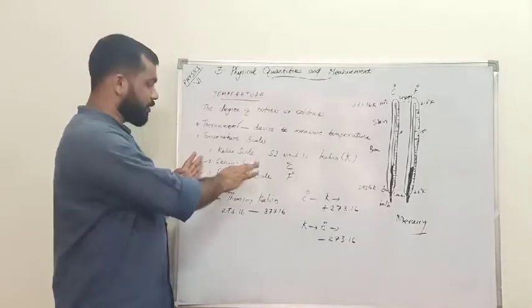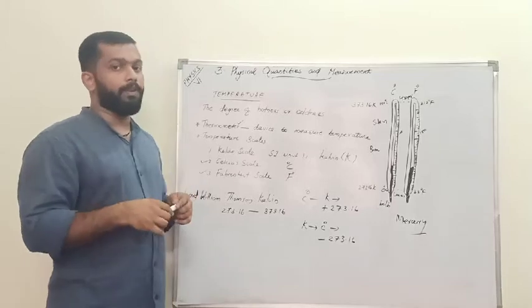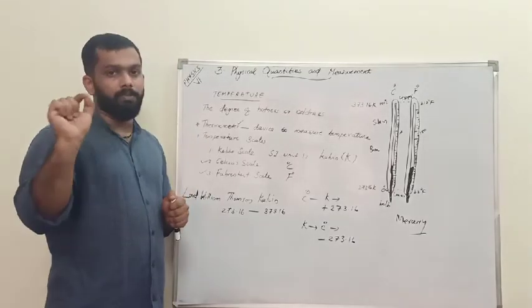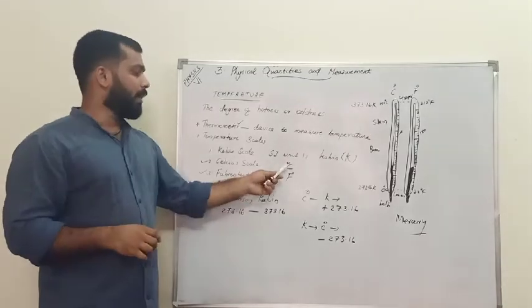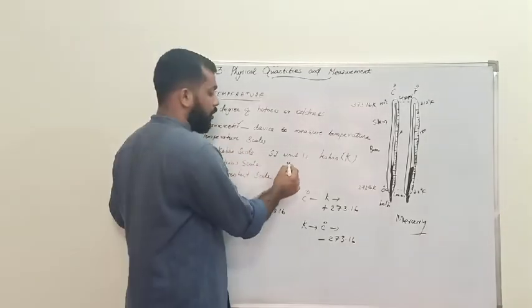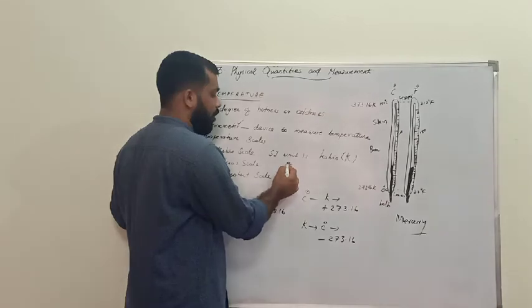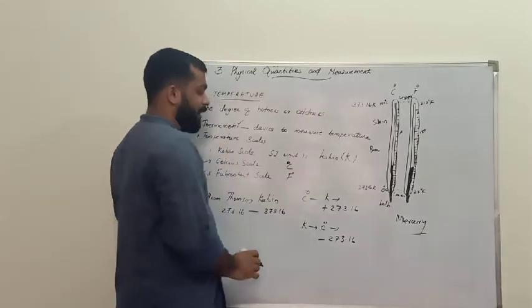So the Celsius scale is very familiar. On the mobile also, the weather temperature is expressed in degrees Celsius, represented by C with a small 0 on the upper side.